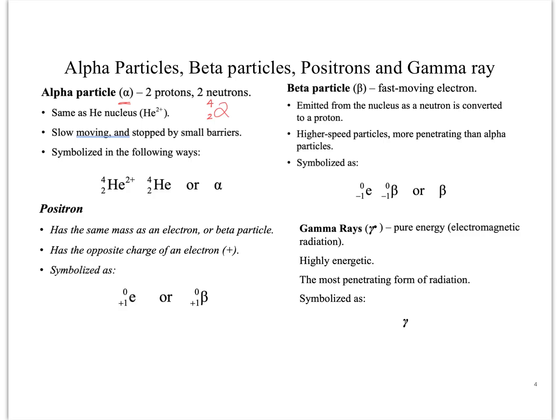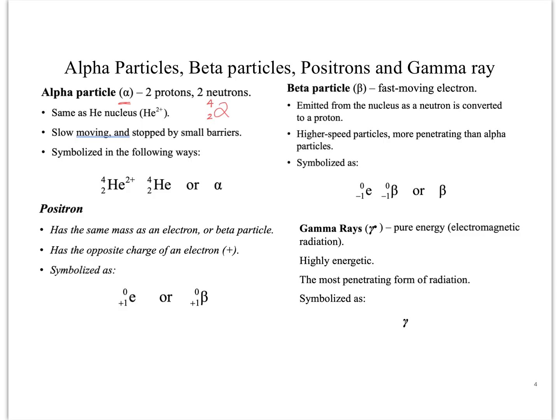The second kind of energetic particle is the so-called beta particle, and we use the letter beta to write it out. This is a fast-moving electron. Basically, a beta particle is an electron, and it is emitted from the nucleus as a neutron is converted to a proton.